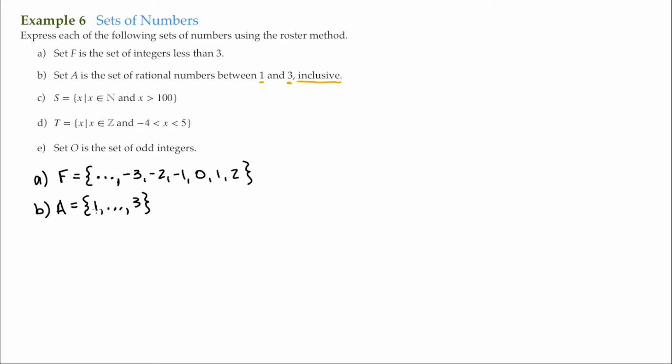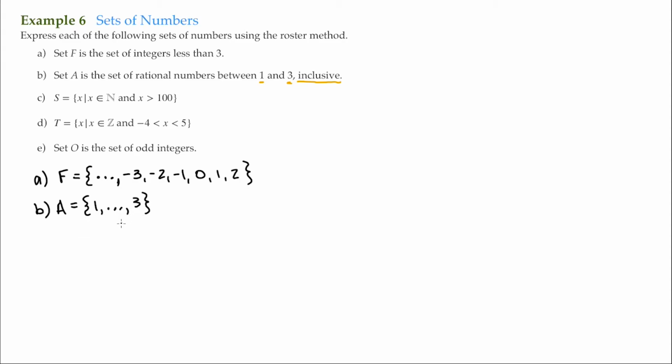Because what is the next largest number greater than 1? Well, would it be 1.1, or 1.01, or 1.001, or 1.0001? So in other words, we can't get a pattern established here. So I don't think we can describe letter B here using the roster method.